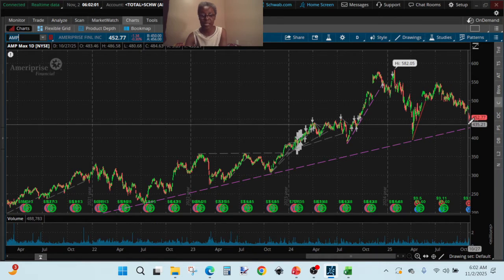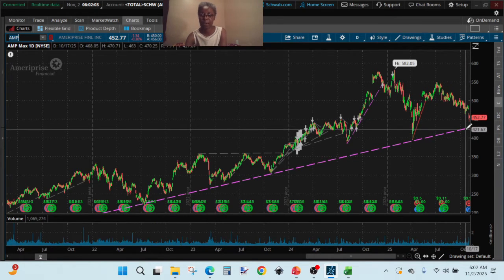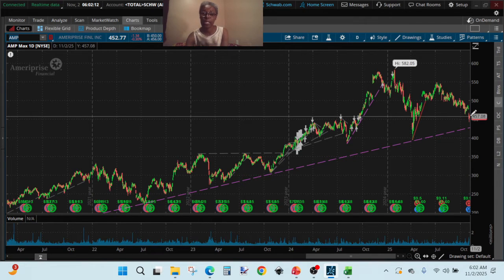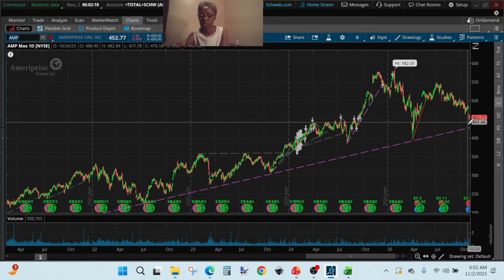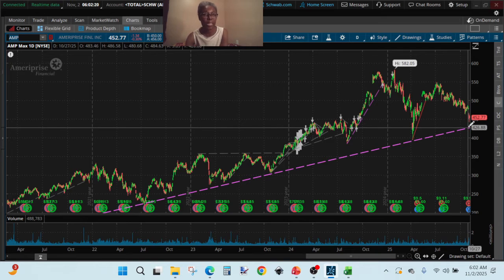Now it is going back to that valley line, and Friday the price dropped. So the price at the end of the day was lower than the price in the morning when the markets opened. So we have a red bar and a red highlighted price as well, but it's going back to that valley line, so we'll keep an eye on it.